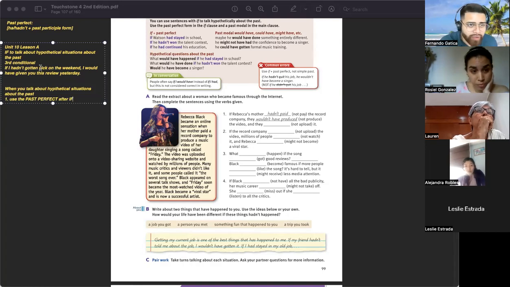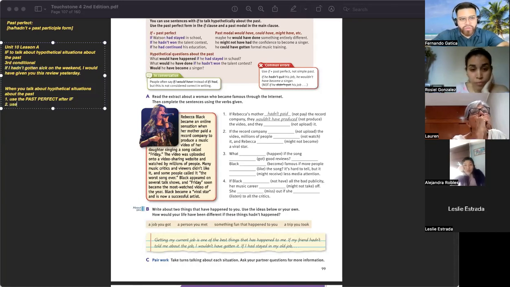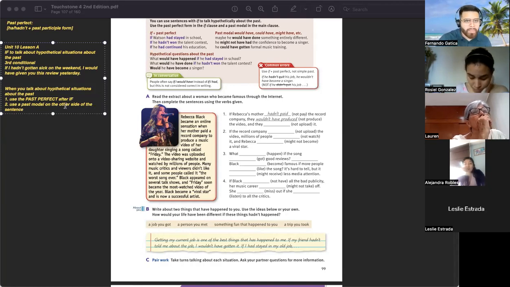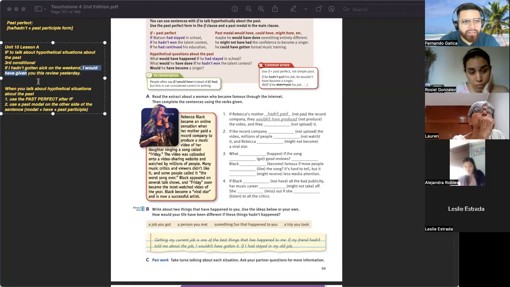You know, for example, if I had gotten. And use a past modal on the other side of the sentence. Remember, a past modal is modal plus have plus past participle. Like in this sentence, I would have given. That's a past modal.